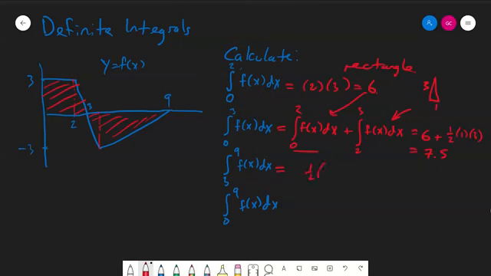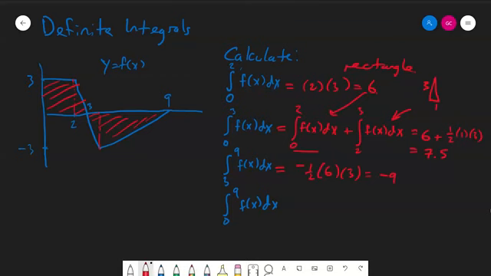So I take 1/2 of the base times the height, except also I need to put an extra minus sign, because this is all sitting below the x-axis, and so I'm counting it sort of negatively. So that'll get me a value then of just -9.